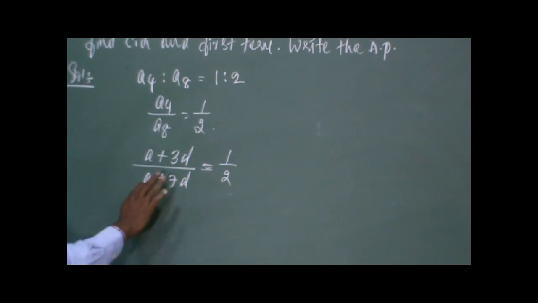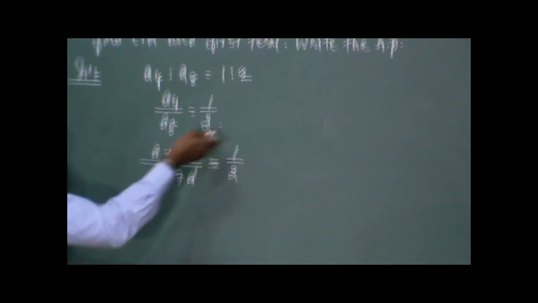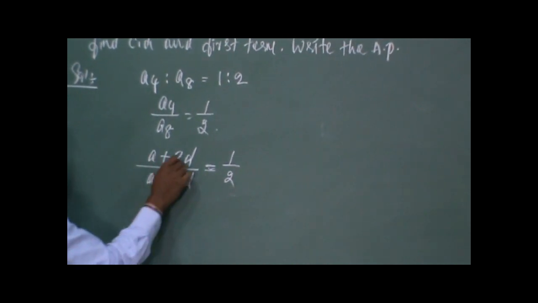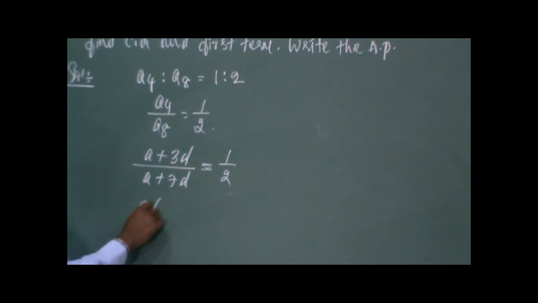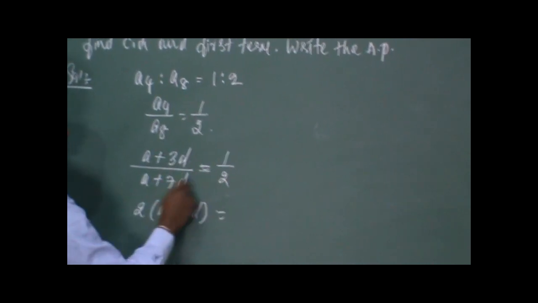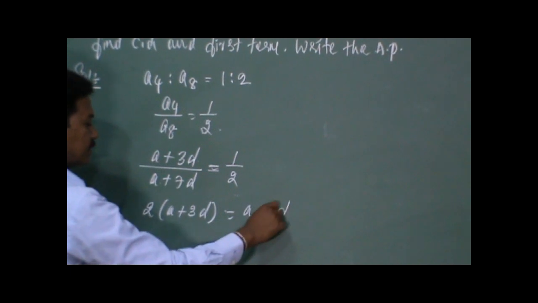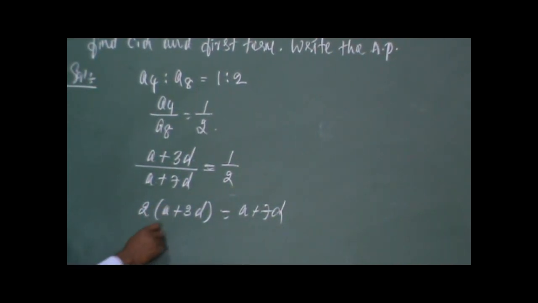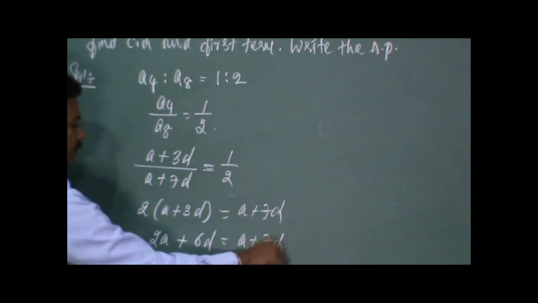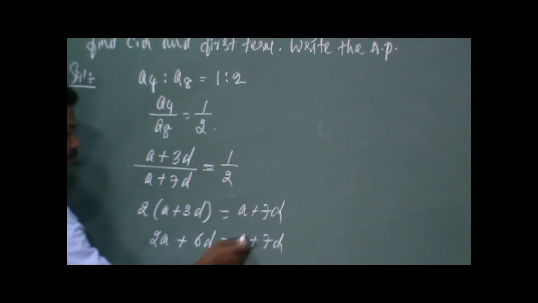At this moment, the step forward is to go for cross multiplication. So go with the bigger one, A plus 3D into 2. It becomes 2 into (A plus 3D) is equal to 1 into (A plus 7D), which is A plus 7D. 2 into A is 2A, plus 2 into 3D is 6D, is equal to A plus 7D. Now transpose both these terms to the LHS, making RHS as 0.